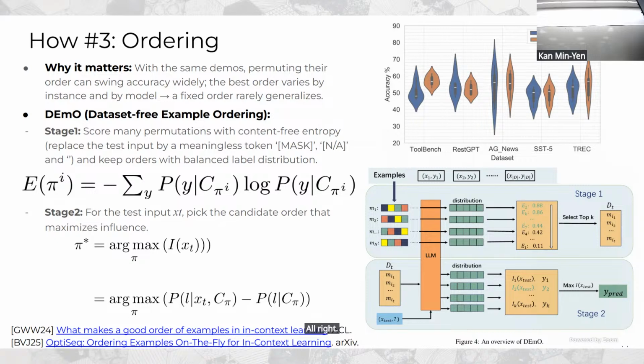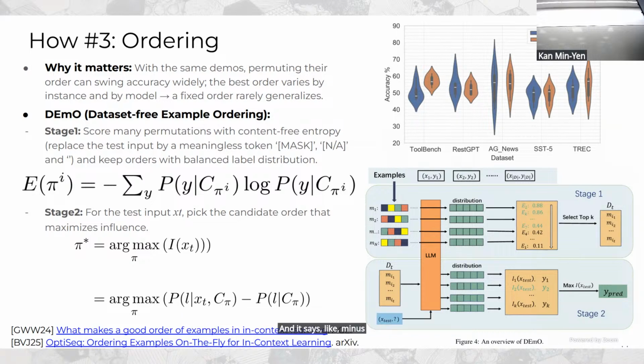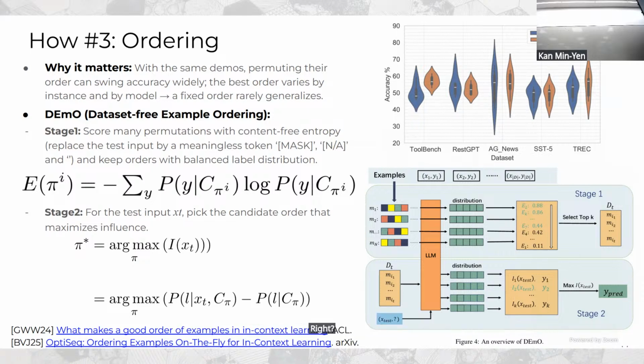It's sort of like when you take an electronic scale and you put nothing on it and you calibrate it, and it says like -4 grams or whatever, and then you hit the tare button, right, which is like saying zero it out, right? So that's what the first stage is doing, measuring the discrepancy for something that's meaningless, that shouldn't have any difference.